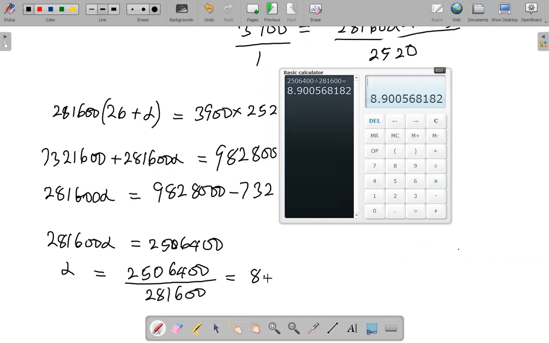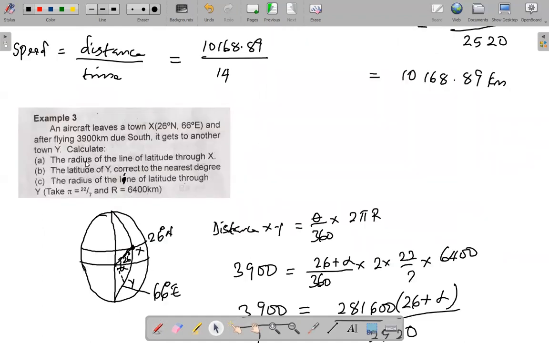Alpha is 8.9 degrees. Let's go back to our drawing. The question also says to find the radius of the line of latitude through X, which I omitted.